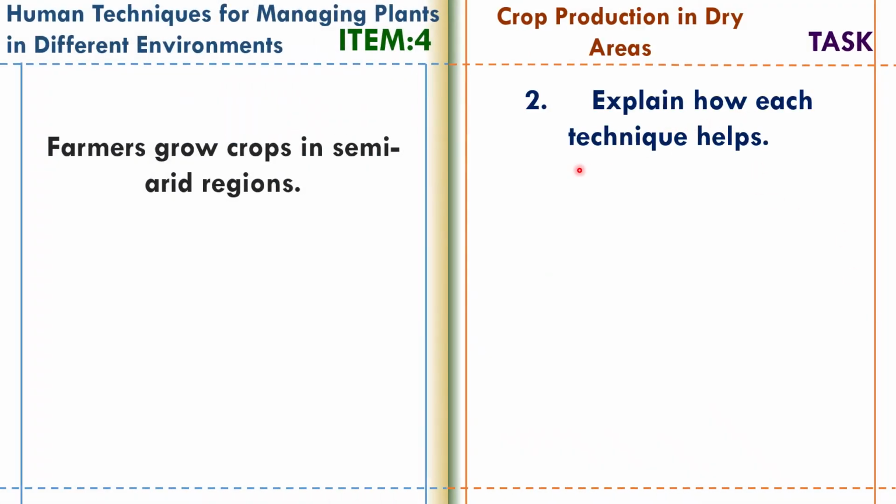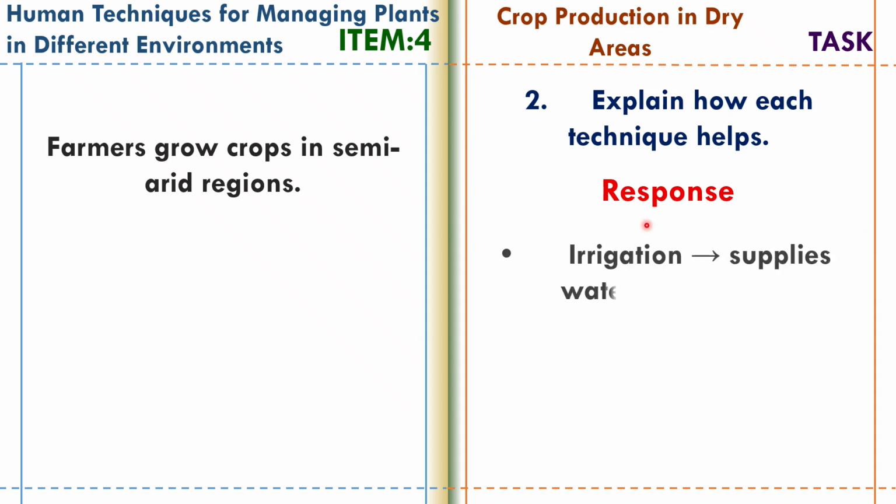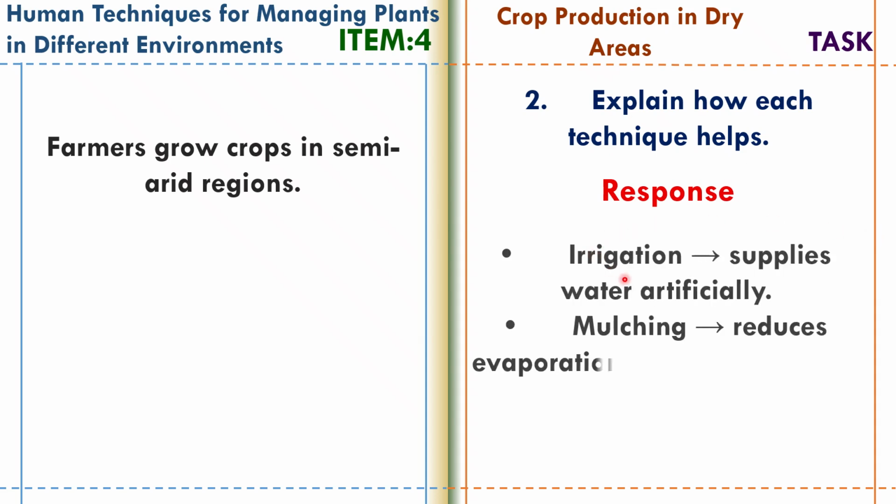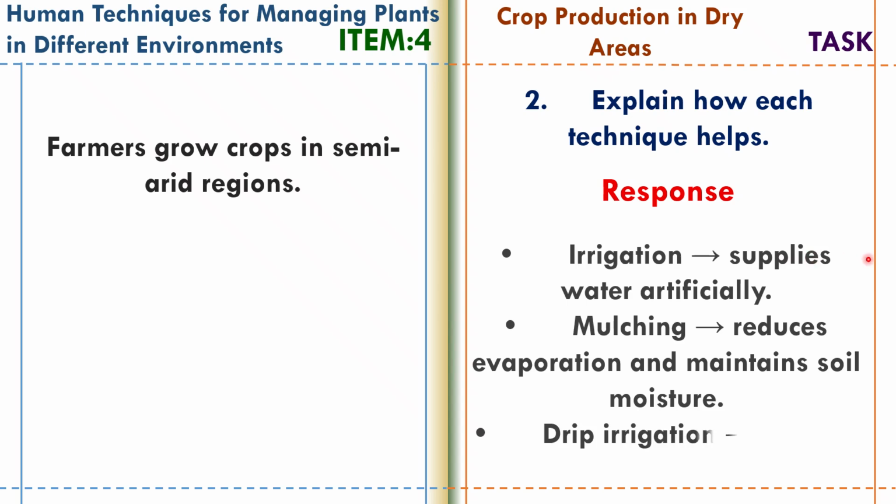Explain how each technique helps. Irrigation helps to supply water artificially. Mulching reduces evaporation and maintains soil moisture. Drip irrigation reduces water wastage.